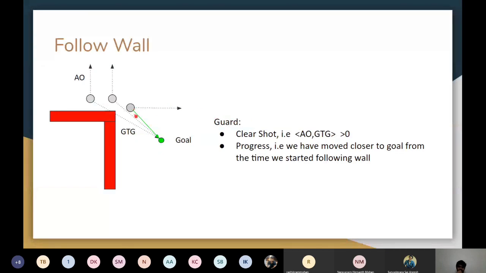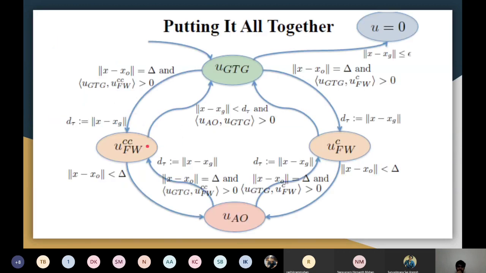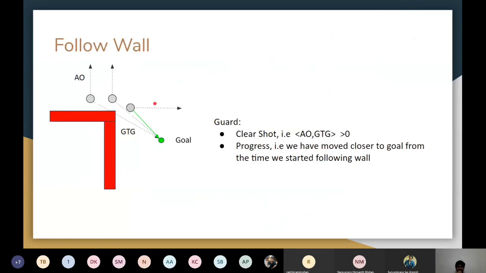That is, I can view my goal, avoid obstacle, and the goal has an angle of less than 90 degrees. I have a clear shot to the goal and I can go in that direction. So now I'll switch back to my go to goal behavior, and I'll start traversing towards my goal, and yippee, we have reached our goal.